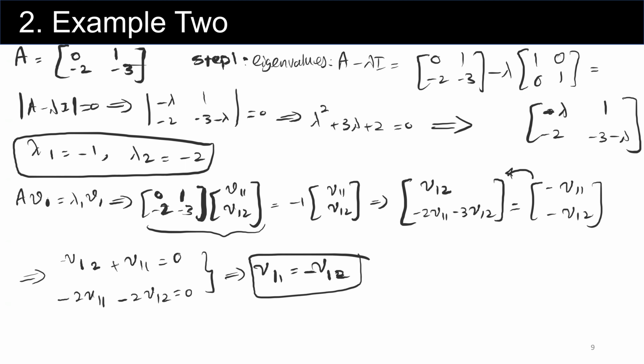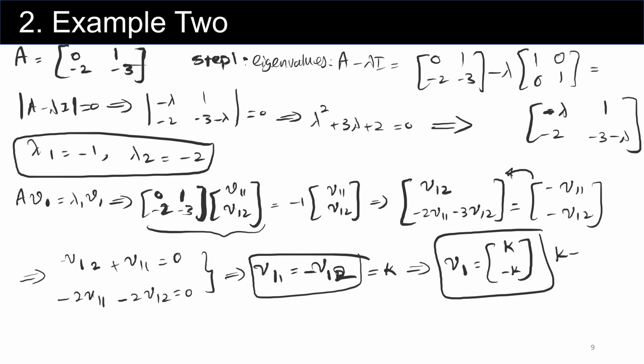All right. So what does this mean? That means we can choose any arbitrary values for the elements of v. Let me choose k. So v1 is equal to k and minus k, where k is non-zero. So you choose any k, and this is going to be your eigenvector. Let's say k is equal to 1.